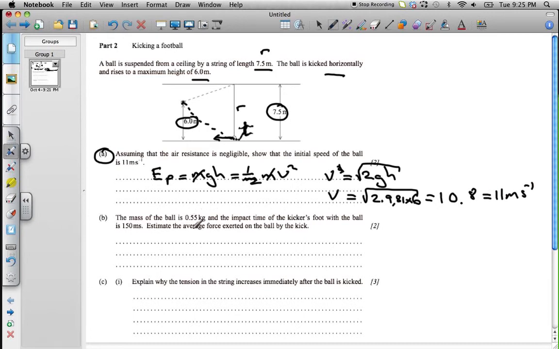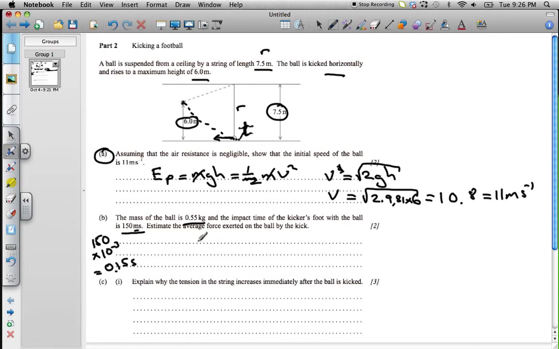Now it says the mass of the ball is 0.55 kilograms, and the impact time, the kicker's foot, is 150 ms. Now remember, this m over here is a millisecond, so that's actually 150 times 10 to the -3, so that's actually going to be 0.15 seconds there. Estimate the average force exerted on the ball.